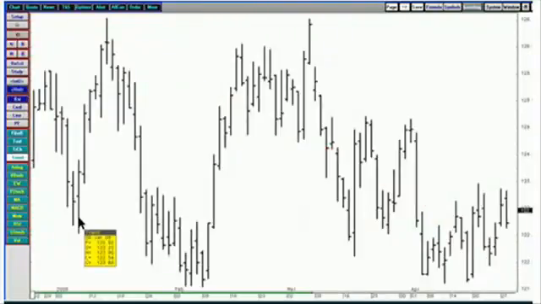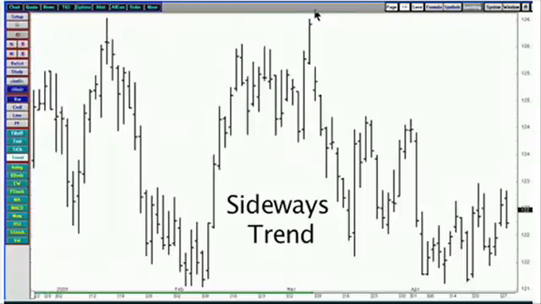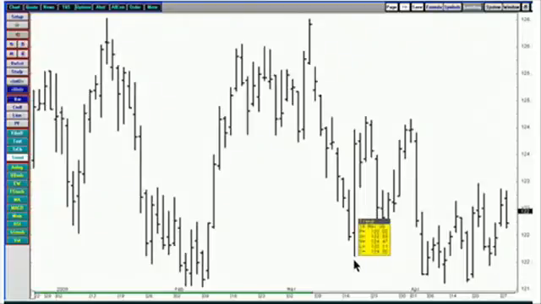But most of the time, what a market tends to do, though, is this. And this is called a sideways trend, where the market's actually not trending or it's just going sideways. And you get lots of conflicting signals. Here, for example, you have a higher low, but you also have a lower high, because this is fractionally lower than that. So you don't have the definition for an uptrend, nor for a downtrend.